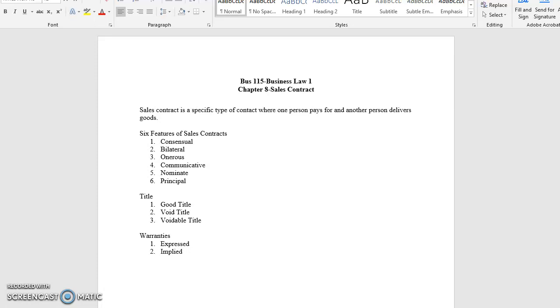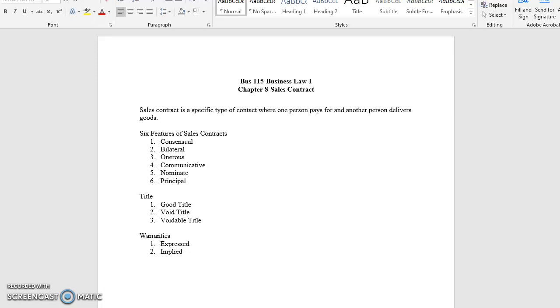That would just be absurd. But that's an implied warranty. It is implied that Walmart has the right to sell that shirt. Your book goes on and talks about all different kinds of implied warranties and warranties of title, and they do a really good job in this textbook of talking about all of that. The important thing for you is that you know that there's an express warranty and an implied warranty.